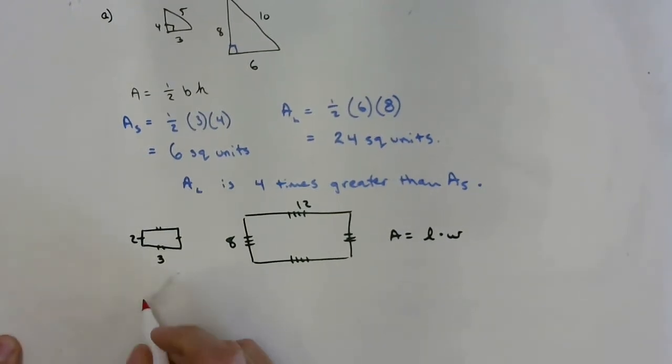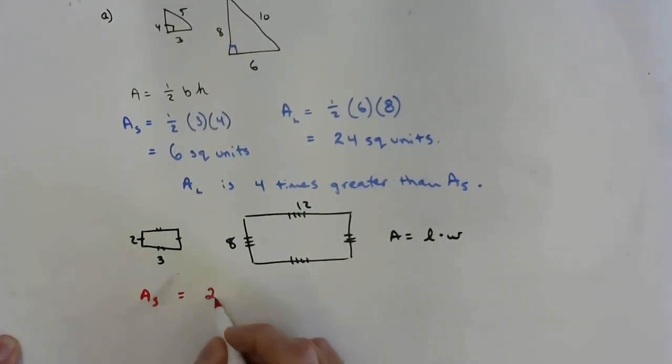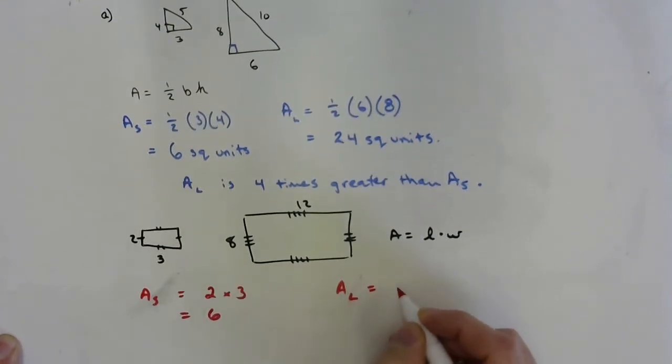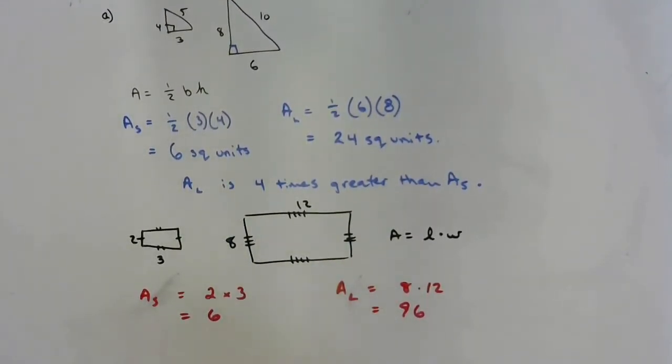All right, area of the small rectangle is 2 times 3 equals 6. Area of the large rectangle, 8 times 12 equals 96.